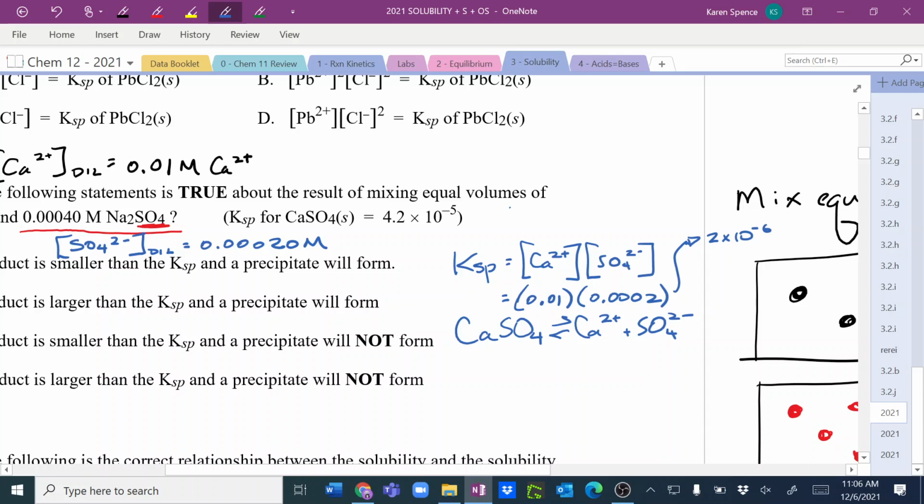So Q, which is 2 times 10 to the minus 6, is smaller than KEQ. And if Q is too small, will a precipitate form or not? No. So it is smaller and a precipitate will not form.